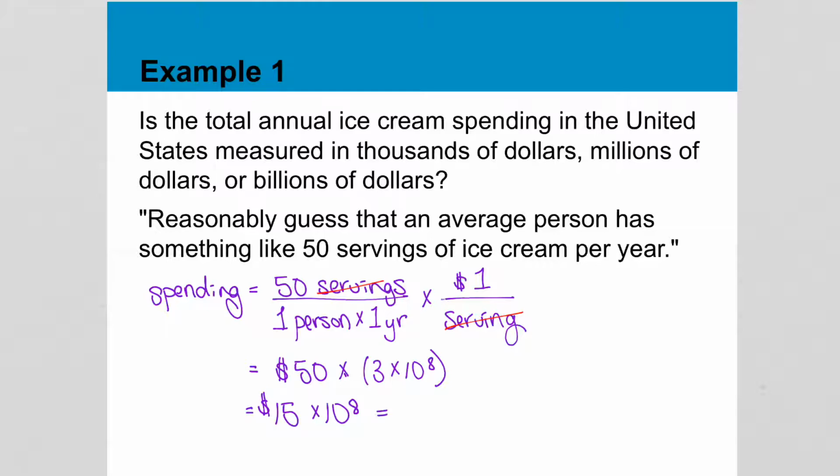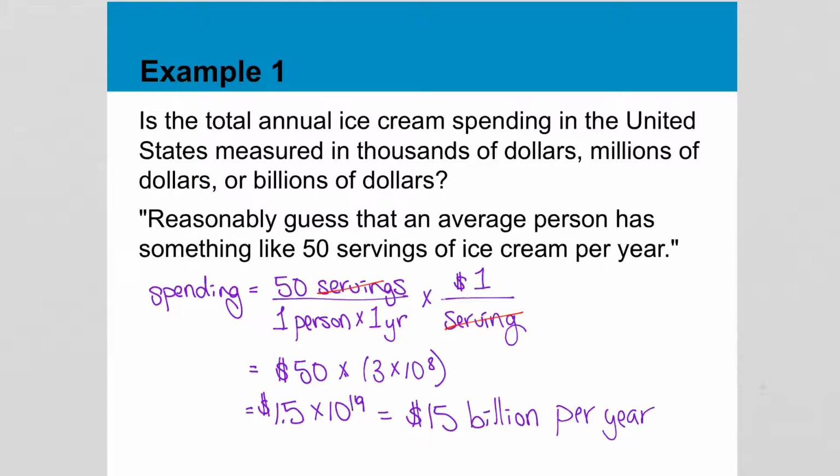Of course, that's not the correct way to write it. If you put that in your calculator, you'd probably get 1.5 times 10 to the 9th. That's 15 billion dollars per year.